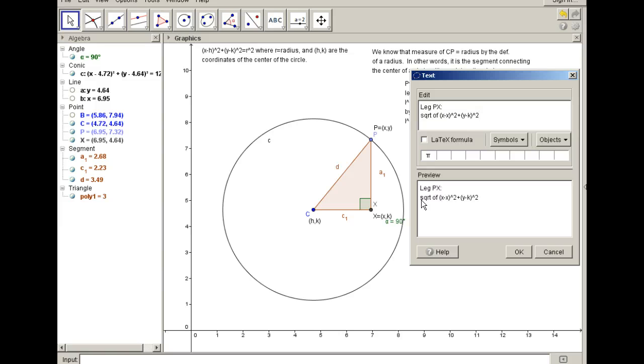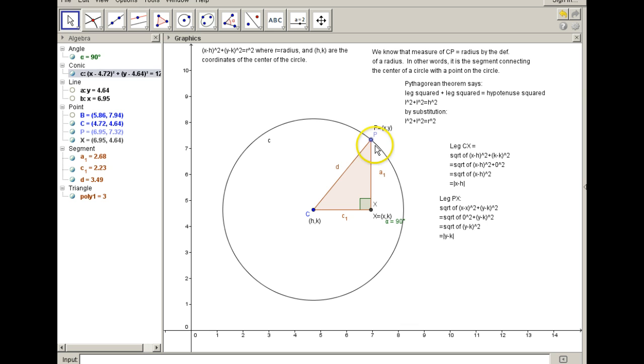And we're taking the square root of that, so that is equal to the square root of, now x minus x is just 0 squared plus y minus k squared, which is basically equal to the square root of y minus k squared. When you take the square root of the square, we're in the same situation as before. It's equal to the absolute value of y minus k. Okay? So that's basically what we have here.